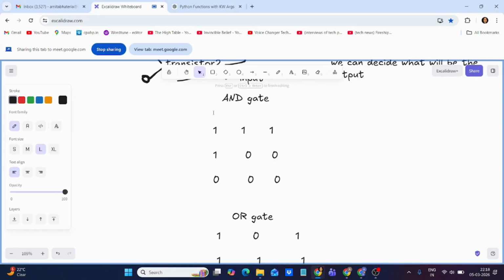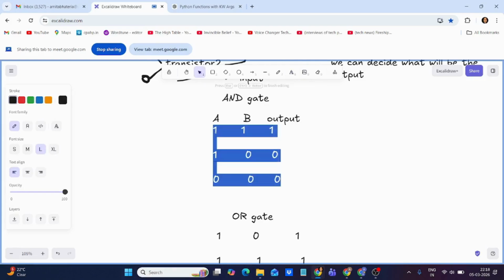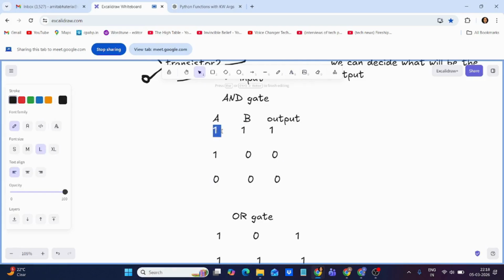Okay, so if we say that this is input A and this is input B and this is the output, what will be this table? If both the inputs are true, meaning A is true and B is also true, then only the output will be true.